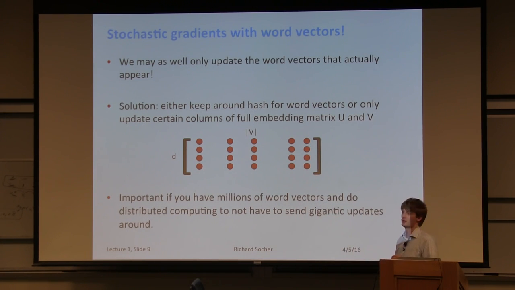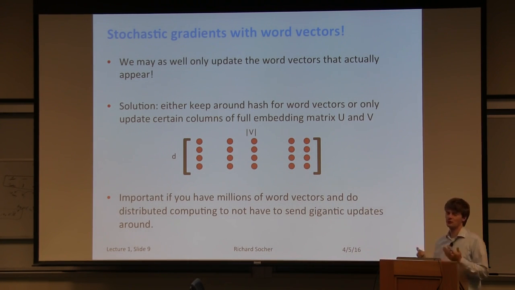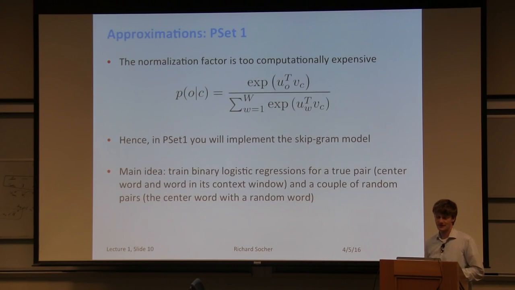So that will be the same for both U and V, because all the words will appear in both. Which method do you recommend? I usually have a big matrix that I efficiently can index. But I encourage you to play around with both, and you can even mention those.